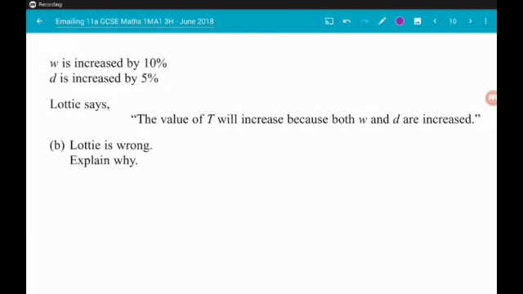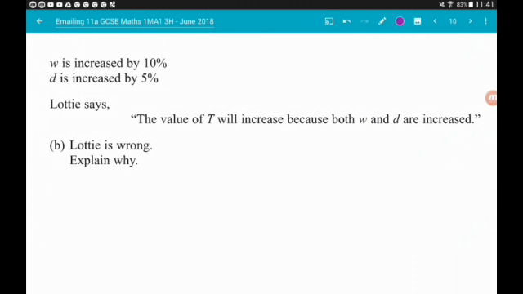For part B, we're told w is increased by 10%, d is increased by 5%. Lottie says the value of t will increase because both w and d increase. Lottie is wrong, we want to explain why.